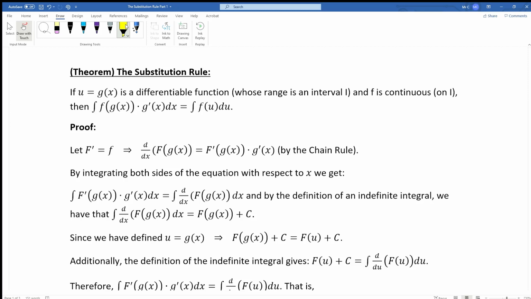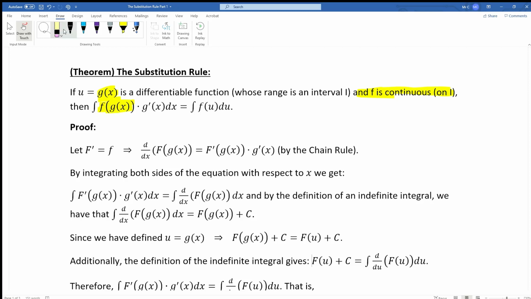And what does this tell us here? Well, if g of x is differentiable, then of course we know it's continuous. So since it's continuous and its range here is an interval I, for which f is continuous on that interval, that means that any value you get from g of x, you still get the continuity of the function f.